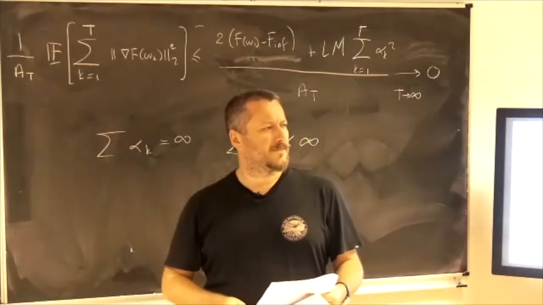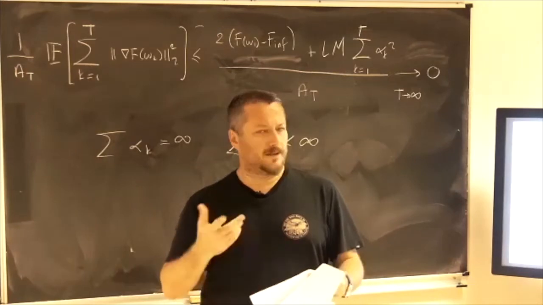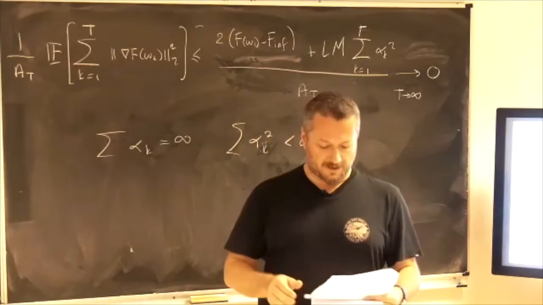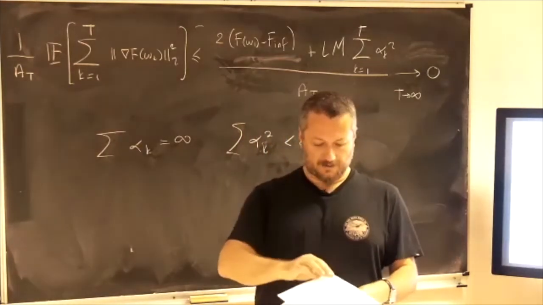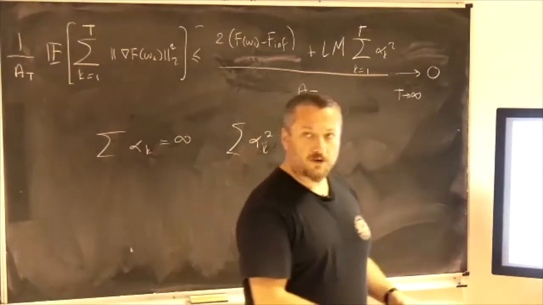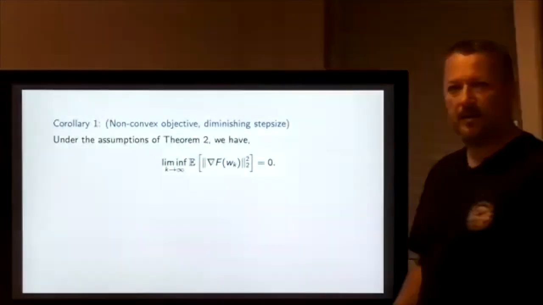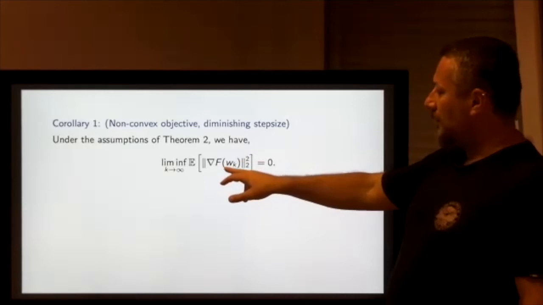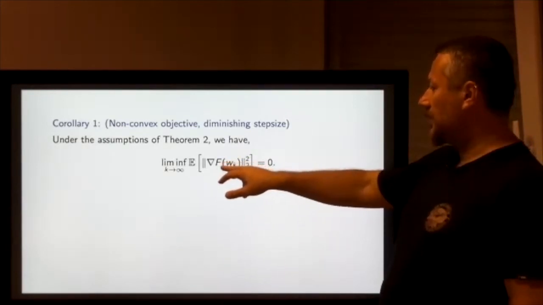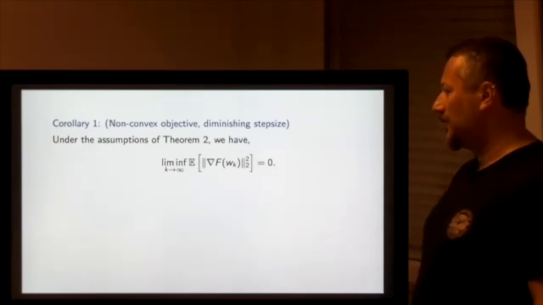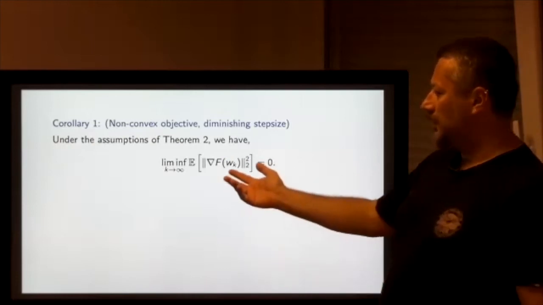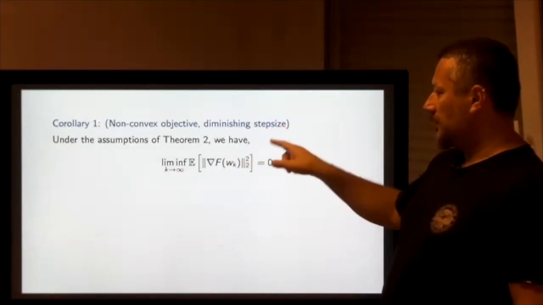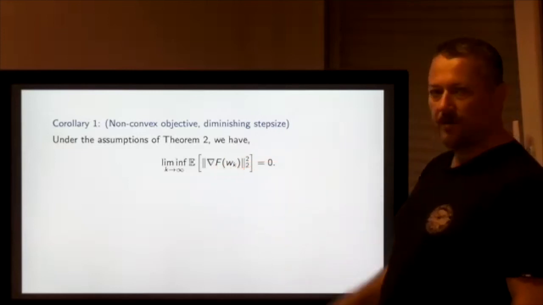We gave 2 results, one for fixed step sizes and one for diminishing step sizes. And then we gave a corollary. This is a weak result on the convergence of the expected value of the norms of the gradient of f. Under these conditions, with diminishing step sizes, the lim inf of this goes to 0.